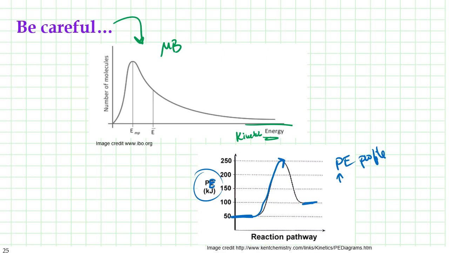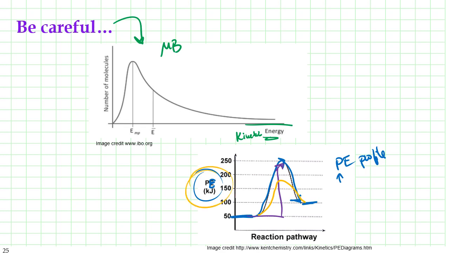How much energy do I need to add to the system in order to break the bonds in the reactants? How much energy is released when we form the bonds in the products? We can look at that activation energy, the difference from reactants to that activated complex. We could definitely also add a catalyst and see that we could lower the activation energy.